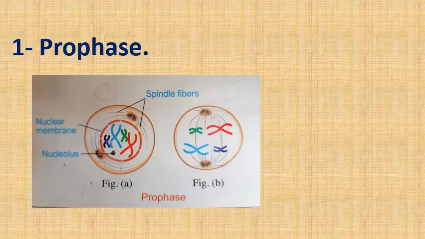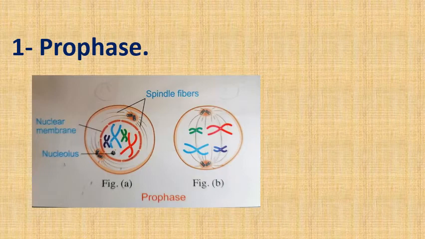A network of filamentous fiber called spindle fiber is formed. Can you see these fibers, these strings that are formed? It extends between the two poles of the cell.